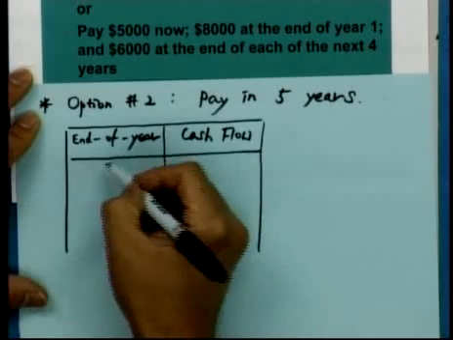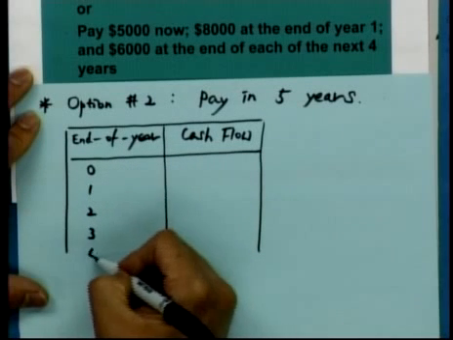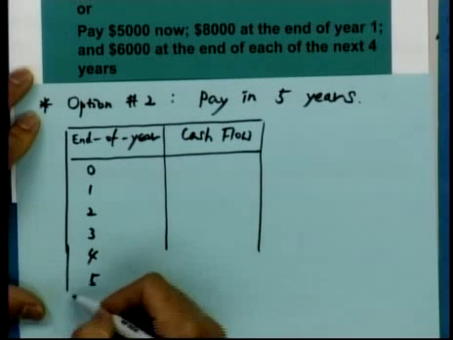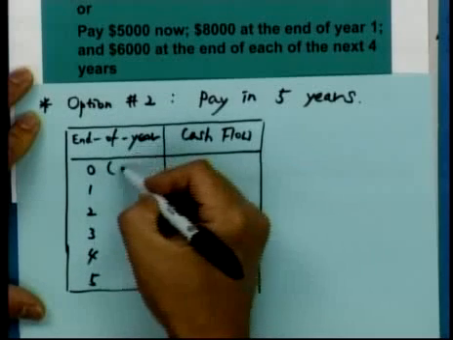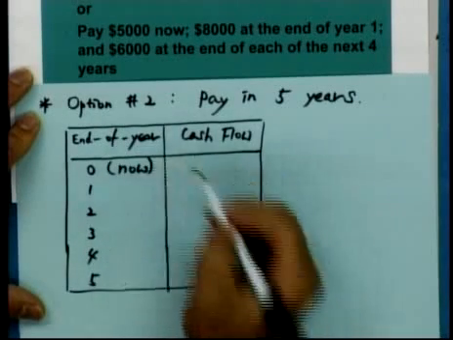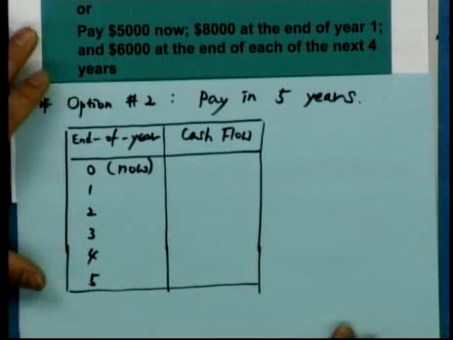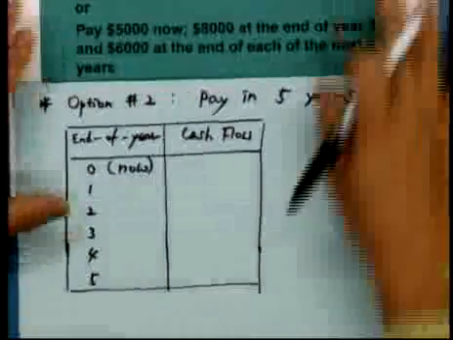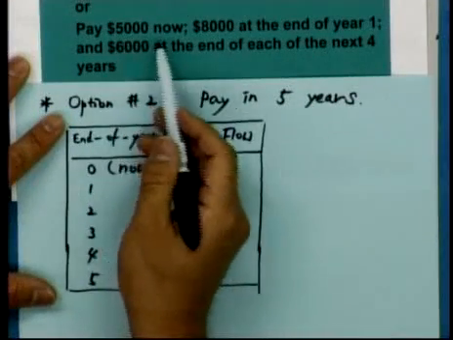Again, we are considering years from 0 to 5, right? Of course, 0 means right now. And according to the second option, you're going to pay $5,000 right now.